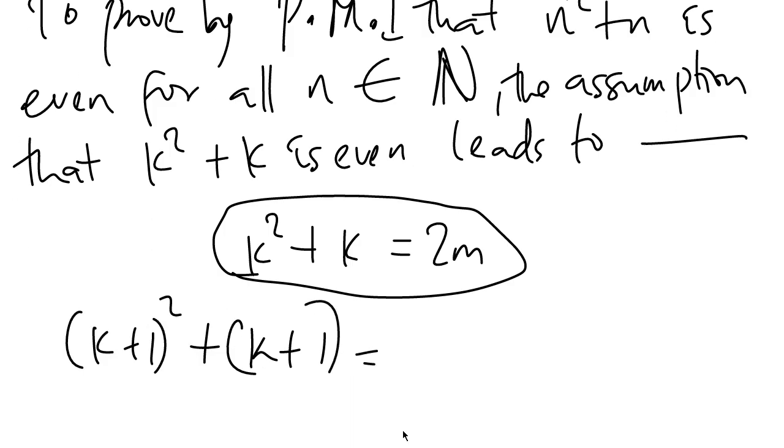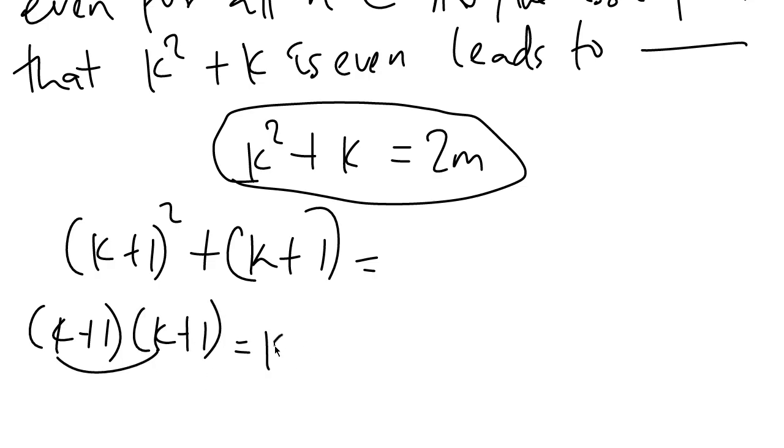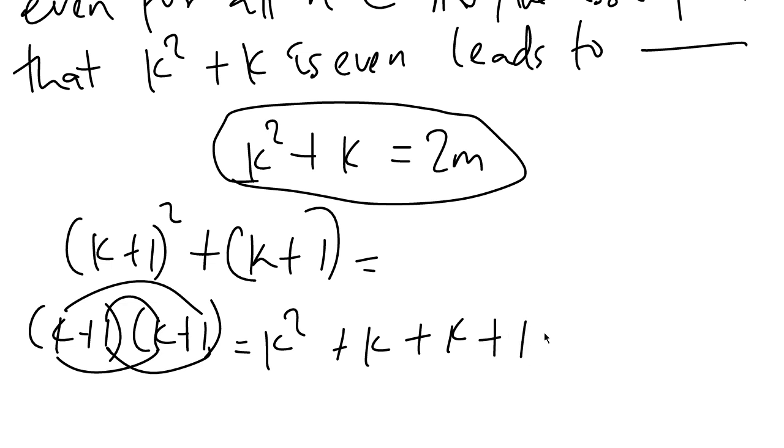So expand k plus 1 all squared, it will be k plus 1 into k plus 1, right? K times k is k squared. 1 times k, k. K times 1, k. 1 times 1. So that's k squared plus 2k plus 1. Don't forget this k plus 1 over here.